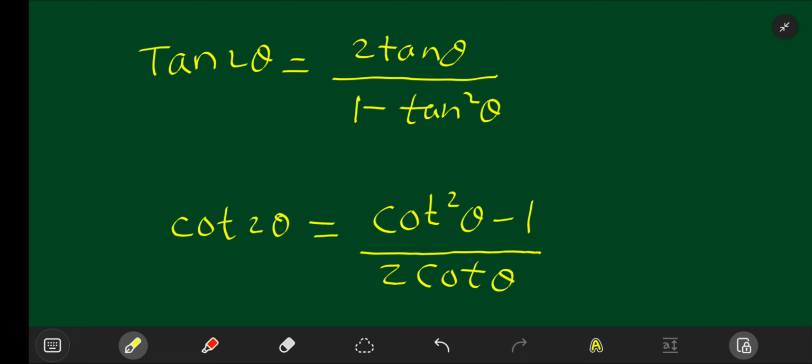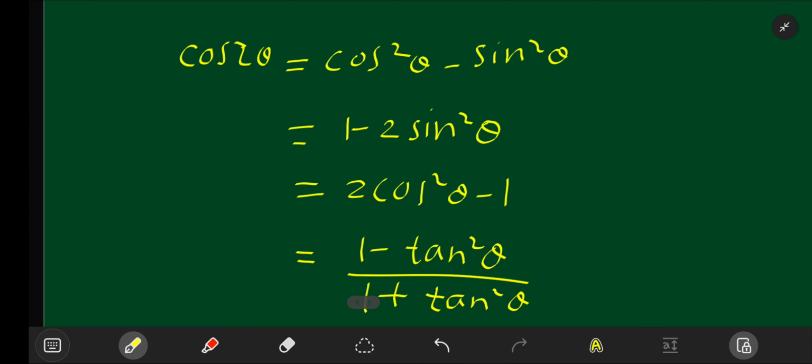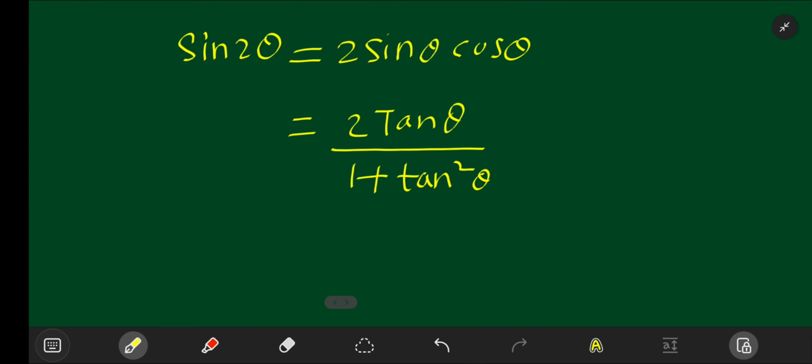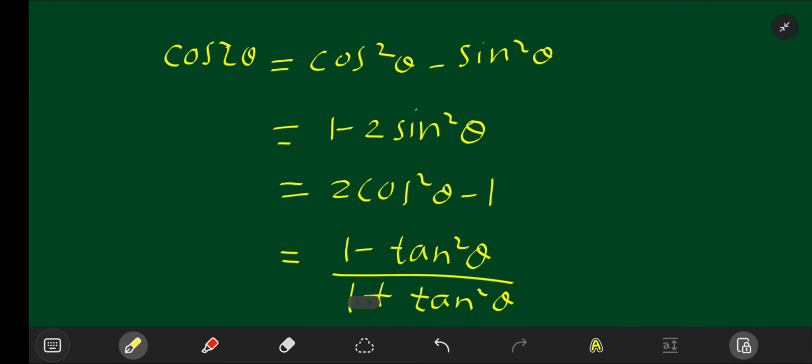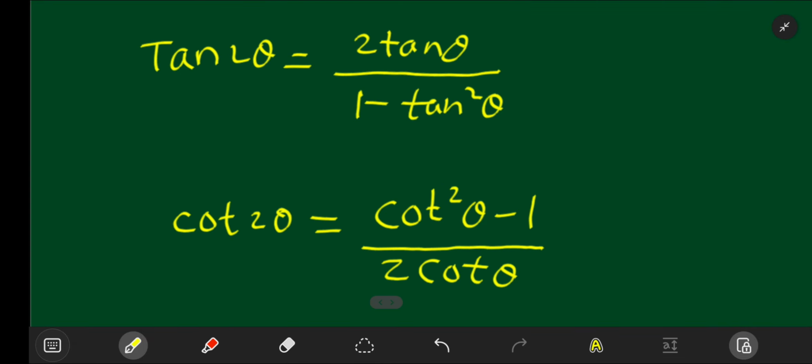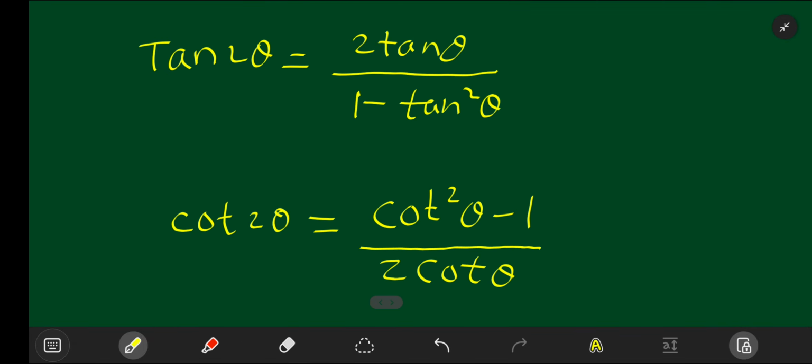These are the 2 theta formulas. Just note them down or take a screenshot. This is the sin 2 theta formula, the next one cos 2 theta, tan 2 theta, and cot 2 theta. These are the formulas.